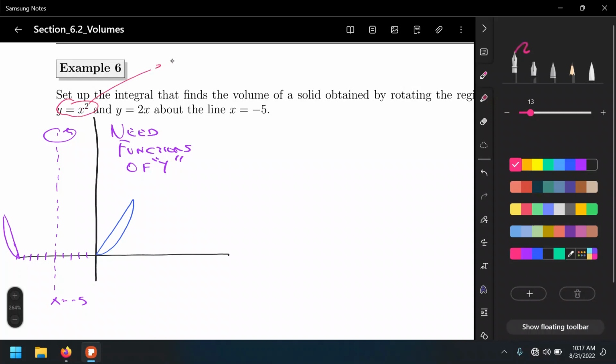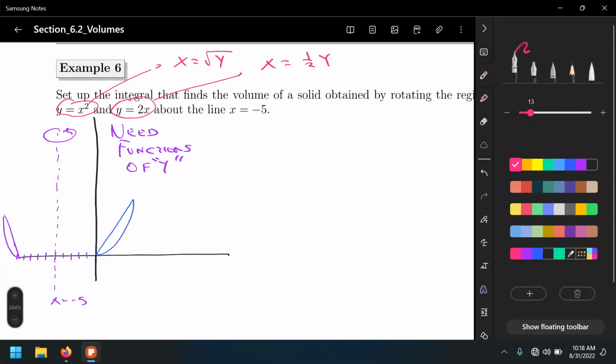Y equals x squared is the same as saying x equals plus or minus the square root of y. But in this case, we can just take the positive part, because notice this parabola right here, which is in the first quadrant, is going to describe positive roots. So we can just erase that plus or minus and leave it as simply square root of y. And then y equals 2x, we can solve for x, 1/2 y. All right?